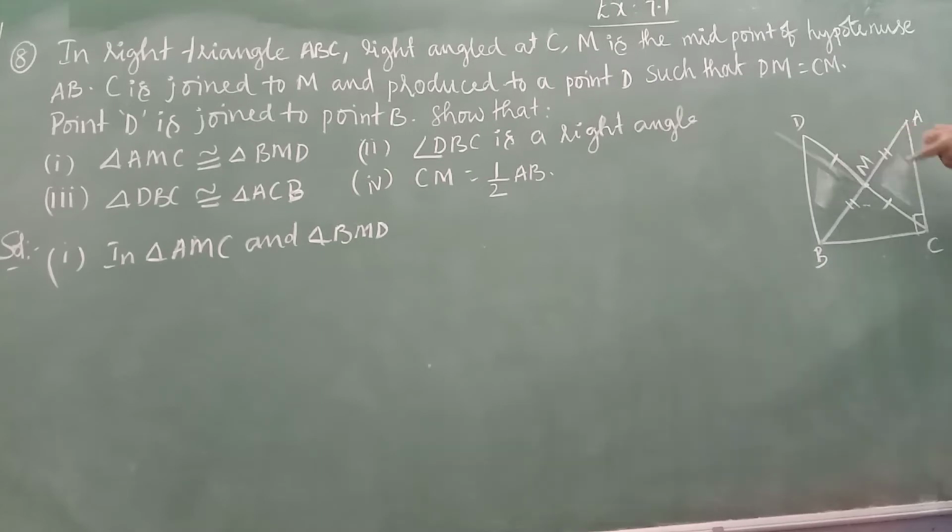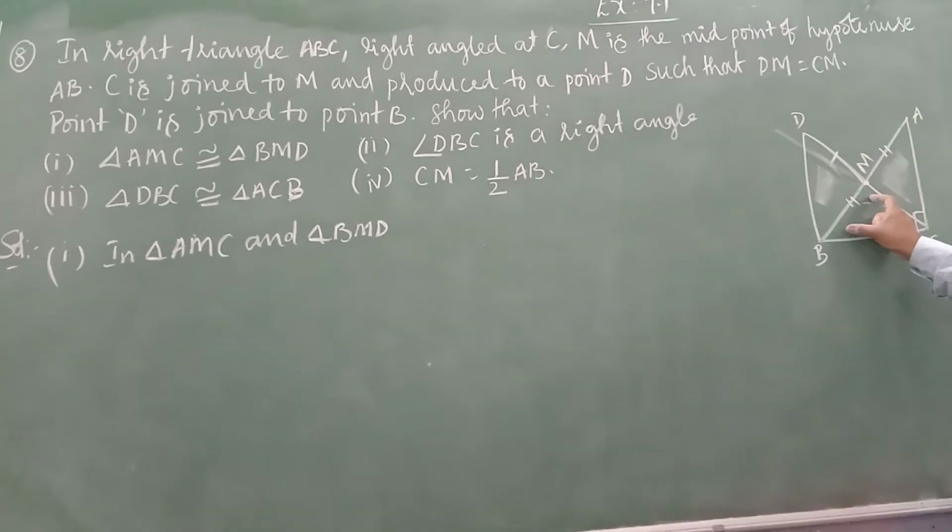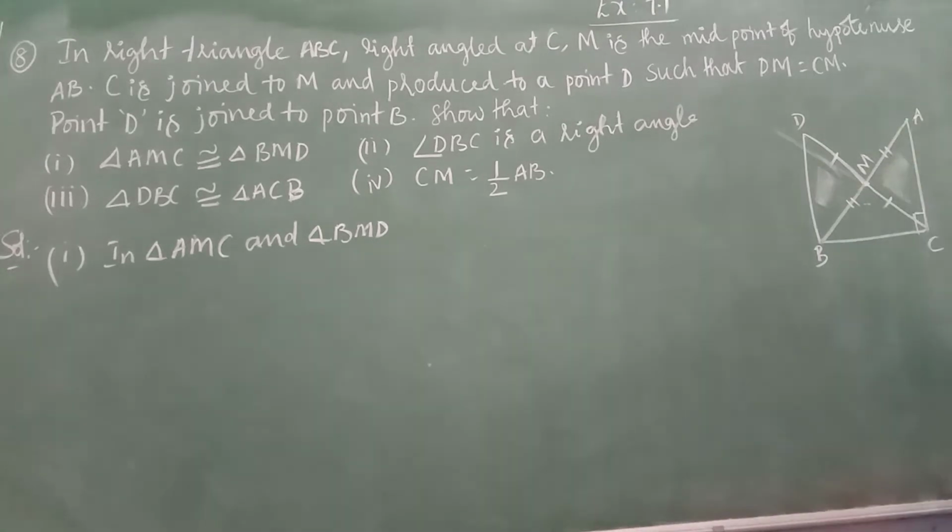In these two triangles, what are the common equal parts? DM is equal to CM, both are equal. Similarly, BM is equal to AM. We know only two parts are equal. The third part we don't know. What will be the third part?